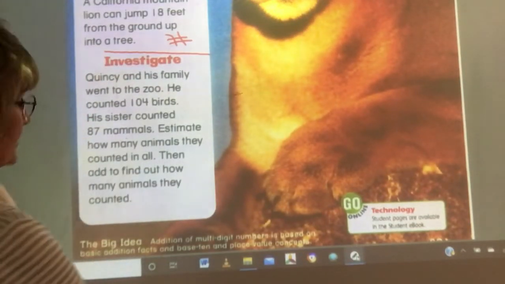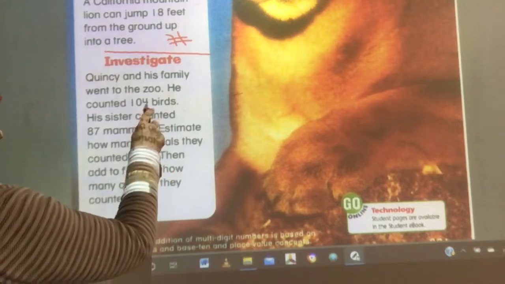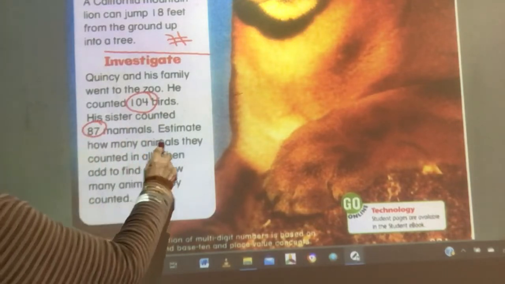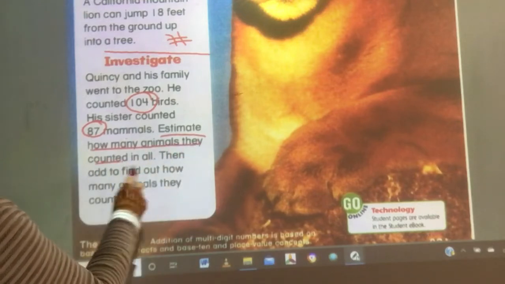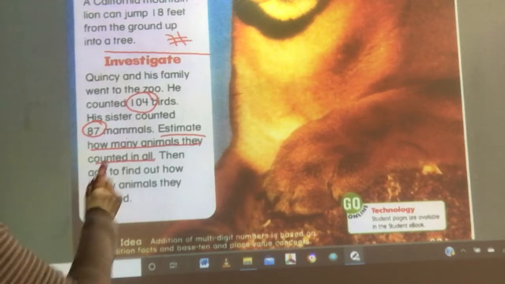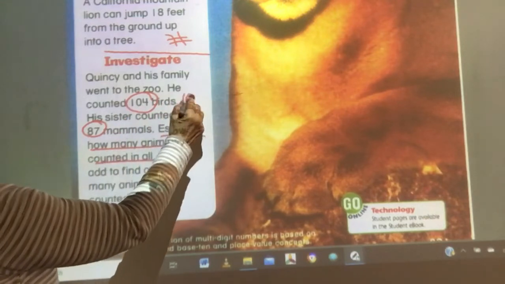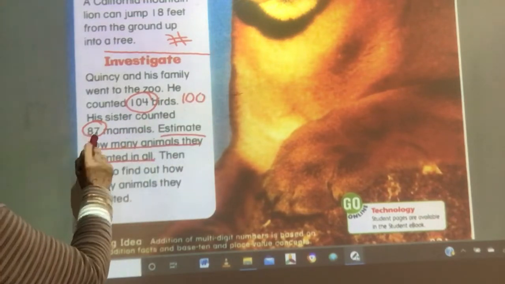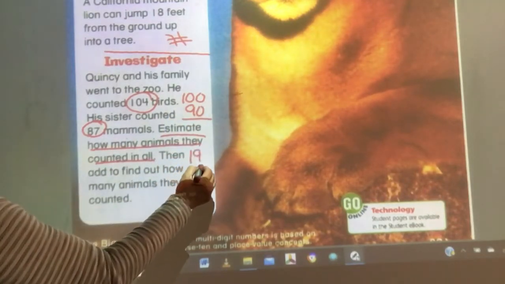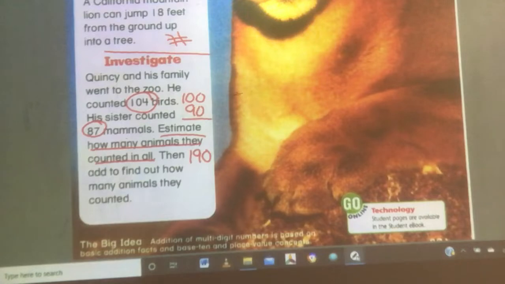Quincy and his family went to the zoo. He counted 104 birds. His sister counted 87 animals. Estimate about how many animals they counted in all, and then you add to find out how many. Well, 104 is about 100, right? 87 is so close to 90 that you could say about 190 animals.